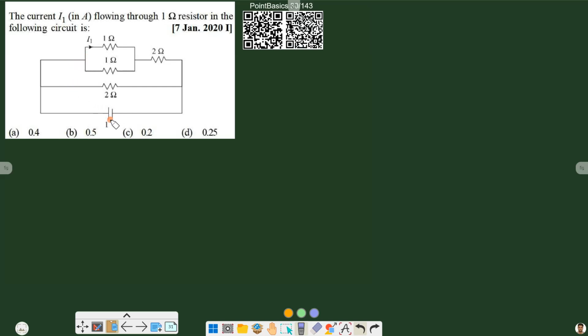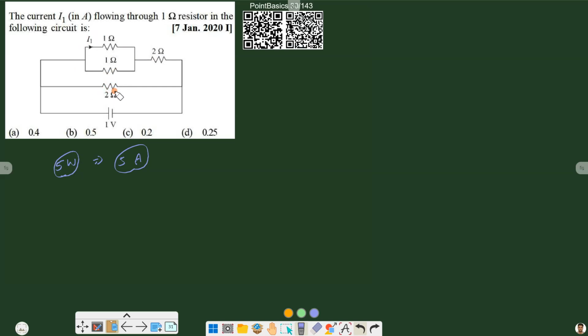Suppose this battery has some power rating, let's suppose it has a 5 watt power rating, then it can only provide a current of 5 ampere, and that 5 ampere has to be divided between both of these circuits. But as per now, no power rating is given for this voltage source, so we can easily assume that it can provide sufficient current to both of these, this as a whole and this 2 ohm resistance.